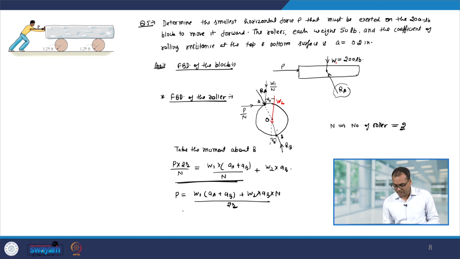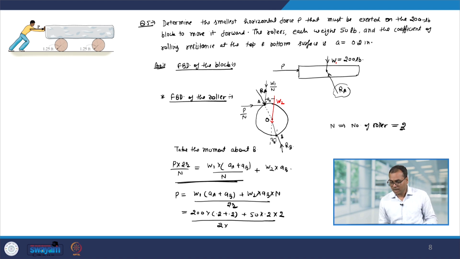So, let us put the value. We have [200 into (0.2 plus 0.2) plus 50 into 0.2] into N, where N is equal to 2, divided by 2 into R, R is 1.25, and this is equal to 40 pound.